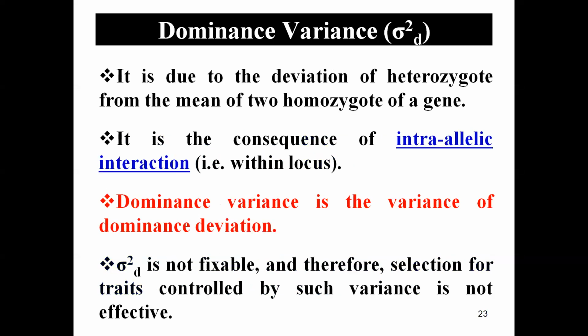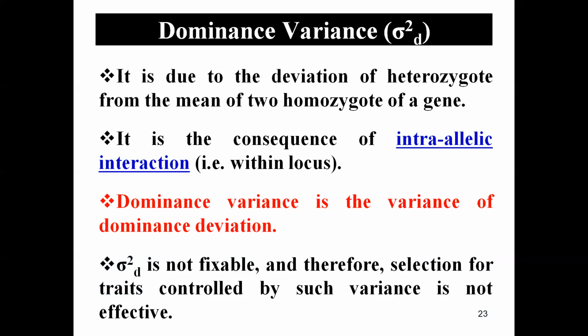Dominance variance, you know what is dominance? It is intra-allelic interaction. So the variance which is the consequence of intra-allelic interaction, that is interaction between two alleles within the same locus, is due to deviation of heterozygote from the mean of two homozygotes of a gene.